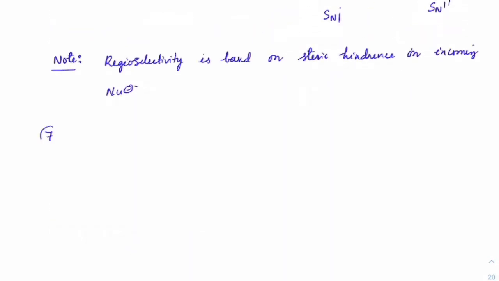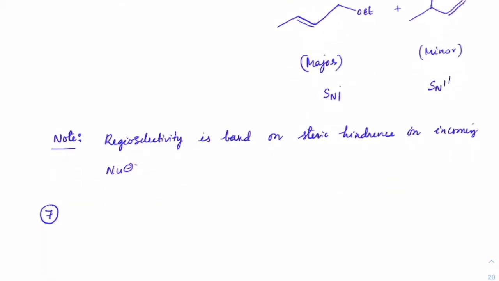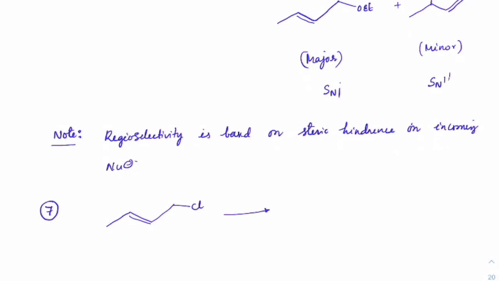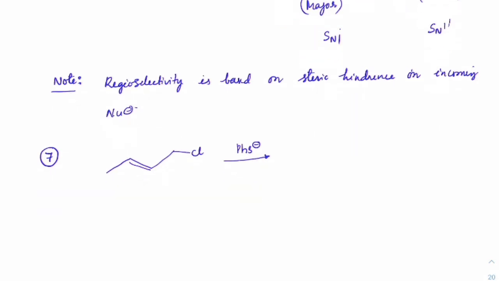Right. In the case of SN2 now, suppose we have SN2 here, same thing, double bond here, Cl here, and this time I am taking PhS minus. Okay. Again, SN2 can happen on this side, SN2 prime can happen from the opposite side here. So if you check energy-wise, because this time it is all about the energy concept, SN2 is more seen on the substituted side.